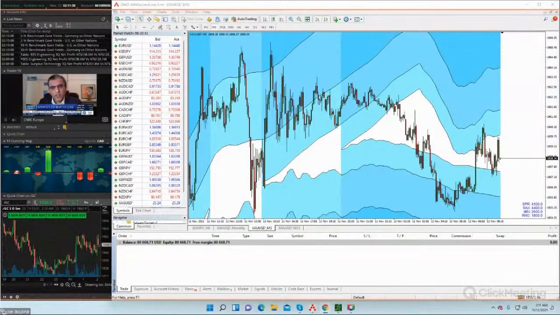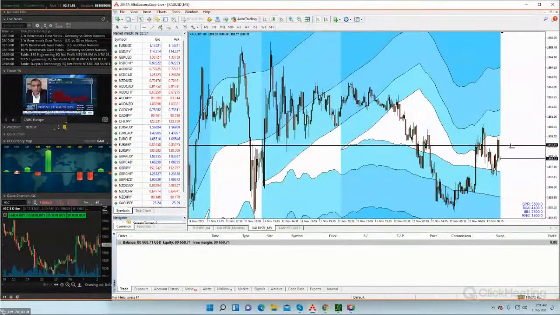What about the long? Let me check very quick where we are on the order board. The problem is I don't want to take a long because we have a line right here.